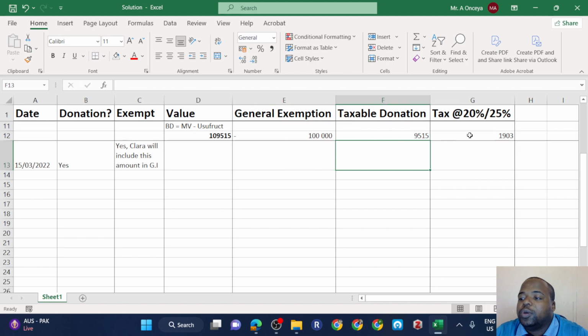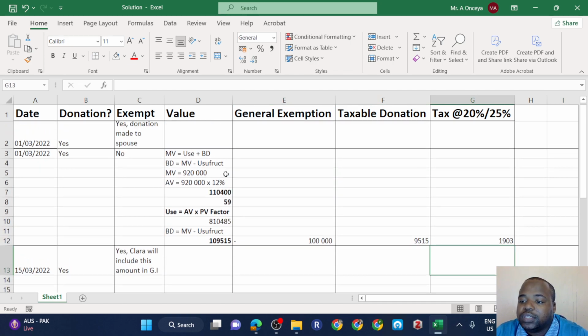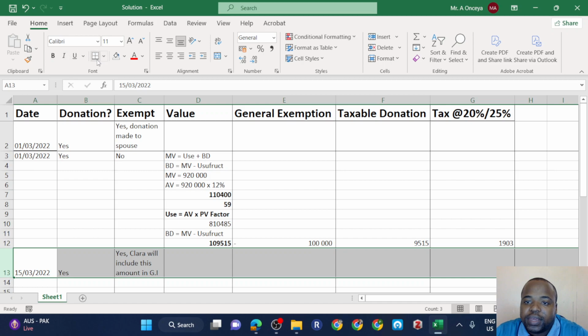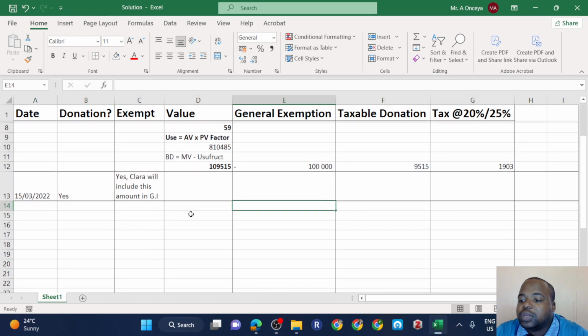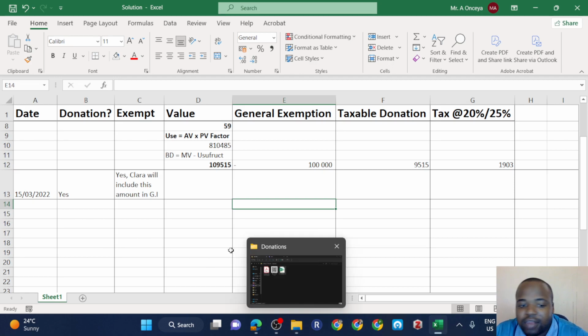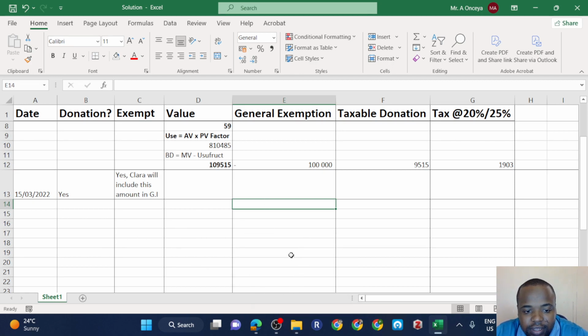Otherwise, if you continue, you will confuse yourself, like I've already noted, because it's very important to know which transactions essentially affected the aggregate and which transactions did not, so that you make it easier for yourself to determine when to use 20% instead of the 25%, or when to use 25% instead of the 20%. But that's that transaction right there, and we'll move on quickly to the next transaction.